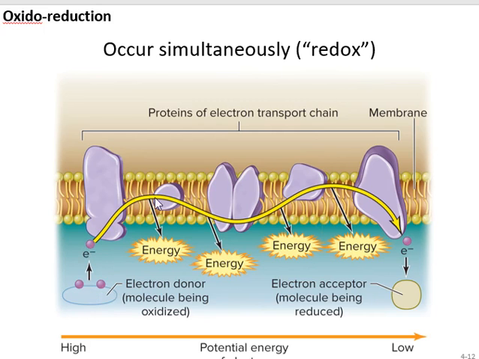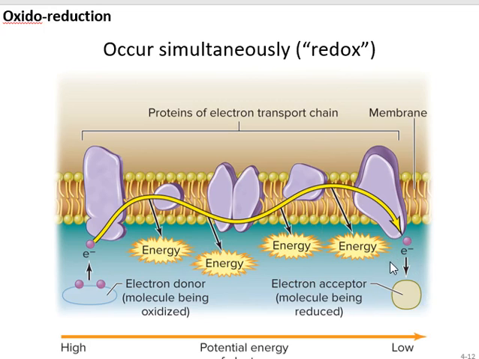Those electrons are carried along that protein chain, and at each step, the electron loses a little bit of its potential energy. That potential energy that is lost is transformed into kinetic energy, and we'll see how it's used in photosynthesis and respiration. And at the end, a molecule is accepting those electrons, thus gets its charge diminished towards negative, so it's reduced.